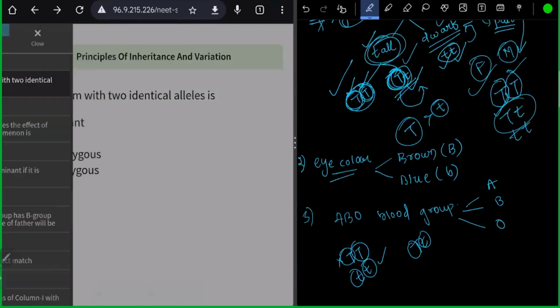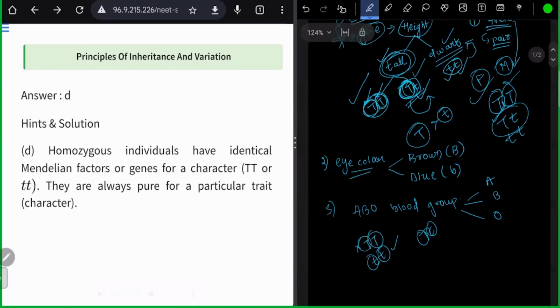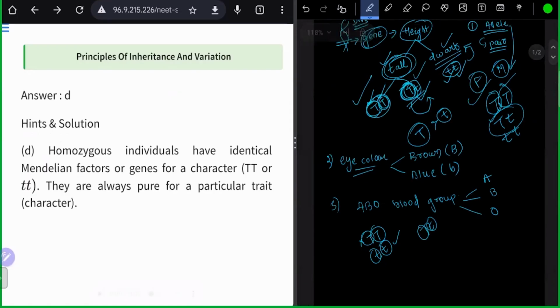A homozygous individual has identical Mendelian factors or genes for character T or small t that are always pure for a particular trait. If the alleles are identical or the same, then the case is homozygous.